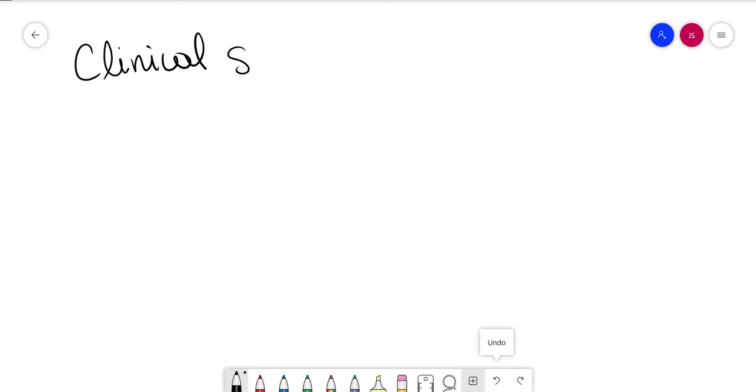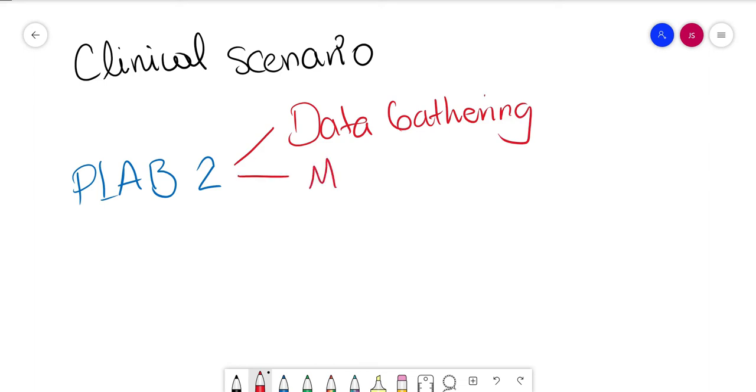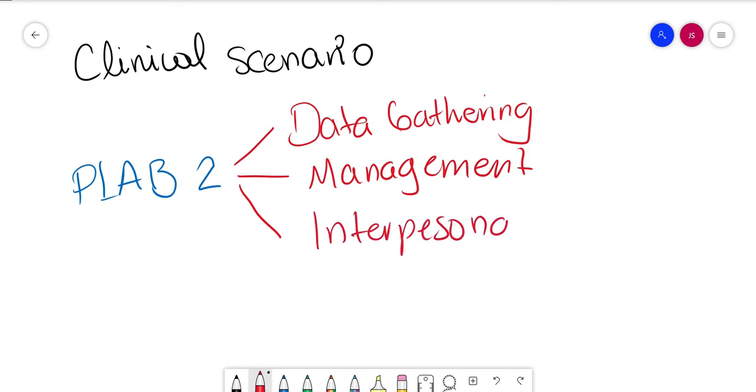Now, if we're thinking about a clinical scenario, I'm going to tell you the layout of the approach that we're going to use. This will be helpful for PLAB especially, if you're planning to do it. PLAB 2 assesses 3 domains: data gathering, management, and interpersonal skills.